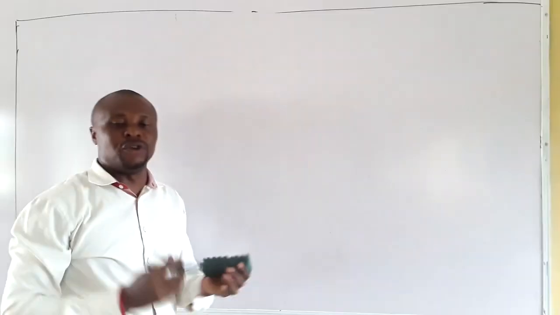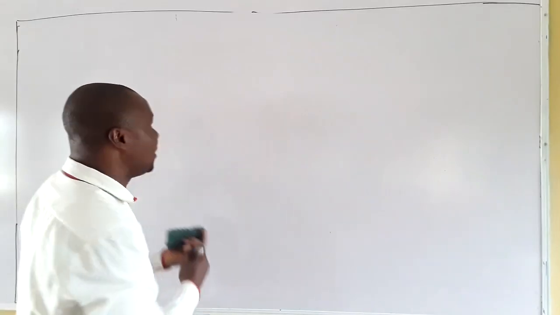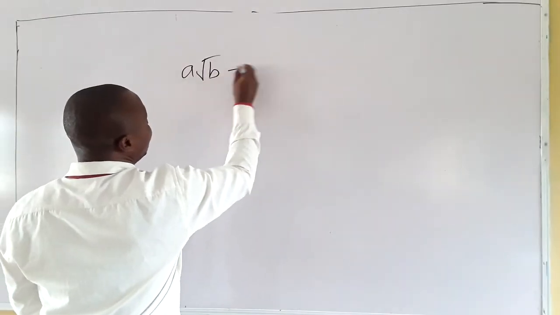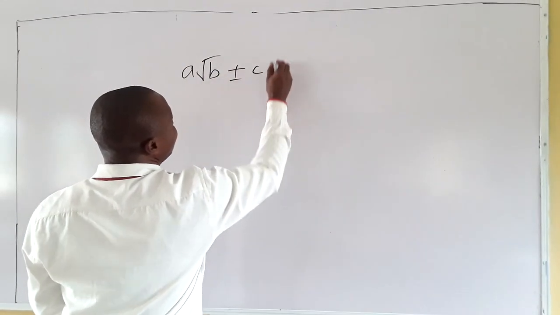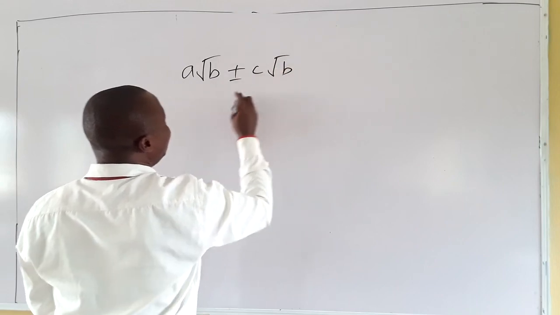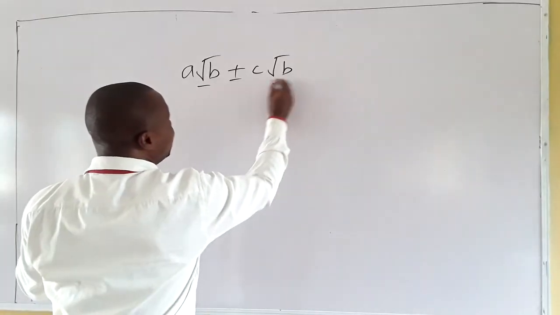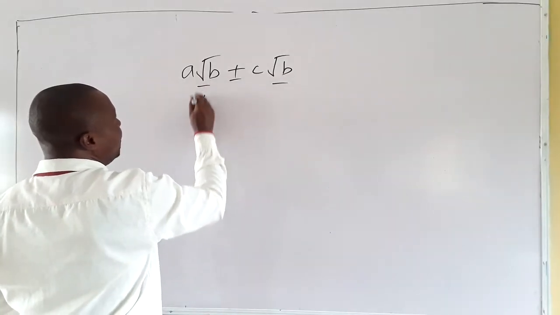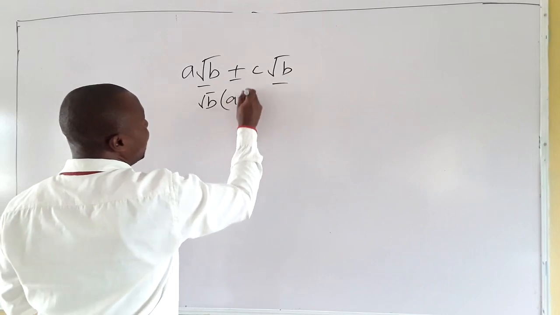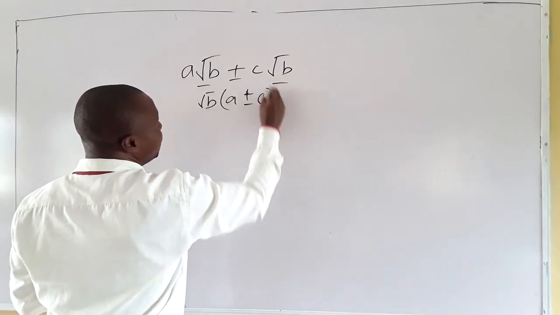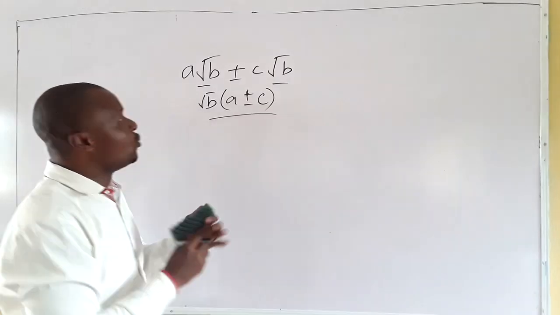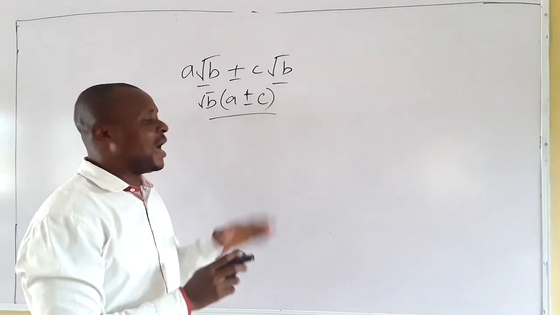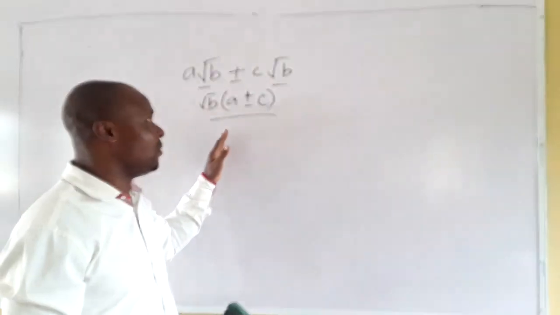And that follows one of the laws of surds, which says that if we have a root b plus or minus c root b, so long as the roots are the same, we just factor root b out: root b into (a plus or minus c). This is the rule we follow whenever we are adding or subtracting surds, and I will explain this in detail.